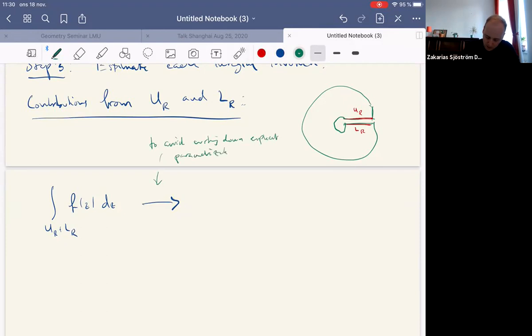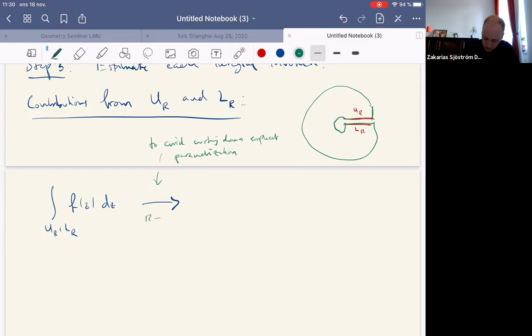All I'm using is that as r goes to infinity, the small circle becomes smaller and smaller, and these lines come closer and closer to the real line. And of course, as r goes to infinity, the outer circle becomes larger and larger, so the length of these things goes to infinity, but we come closer to the real line. So I hope it's clear what I mean.